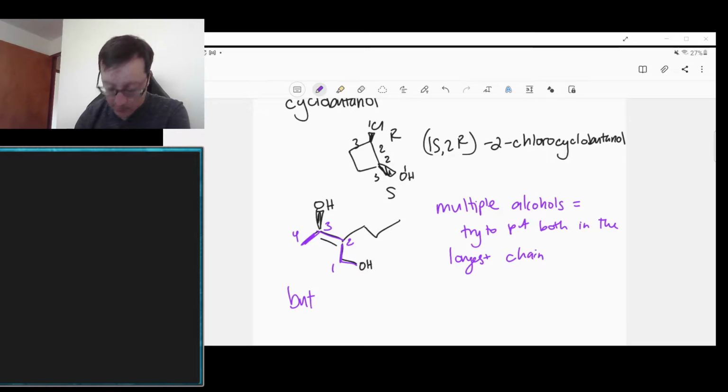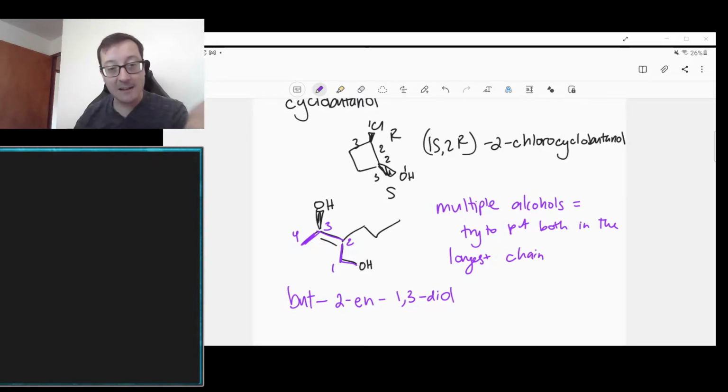Okay, so we're always going to have our lowest numbers possible. If we do it this way, we're going to get 1, 2, 3 as our locator numbers. If we did it the other way, we would get 2, 2, 4. So 1, 2, 3 is better. So this is going to be but-2-ene-1,3-diol. That's our parent name for this.